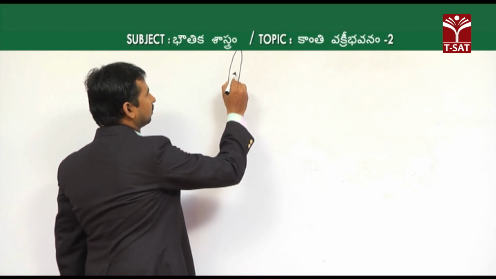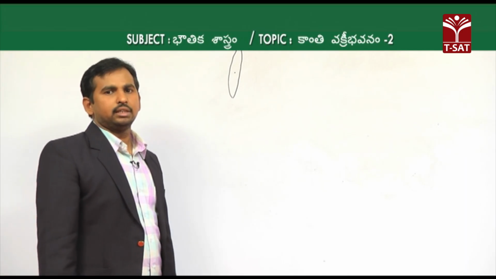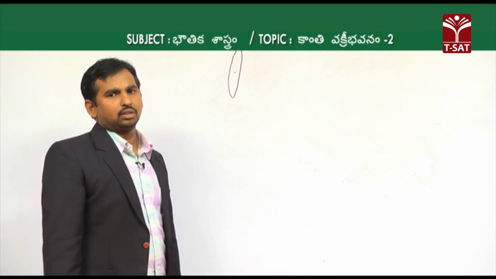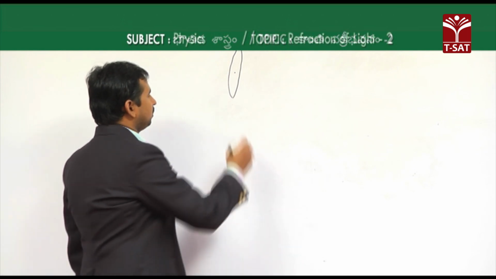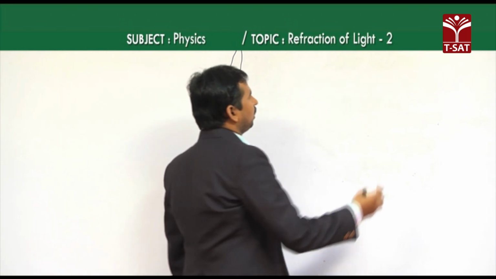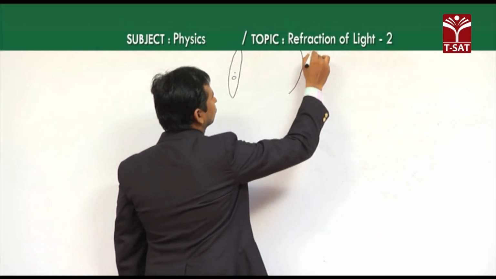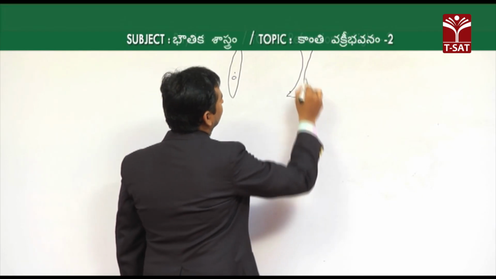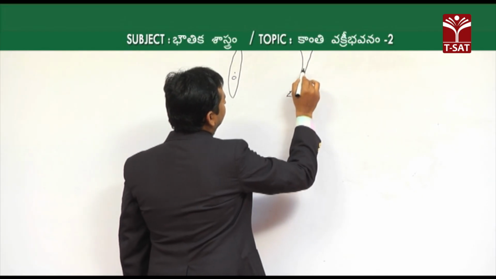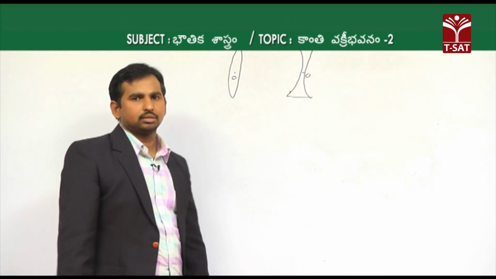That geometrical center or midpoint of the lens, we call the optic center, or the center of the lens. This point is called O. Or if you take a double concave lens, this point is also called O, the optic center.